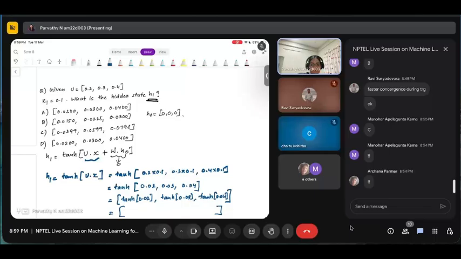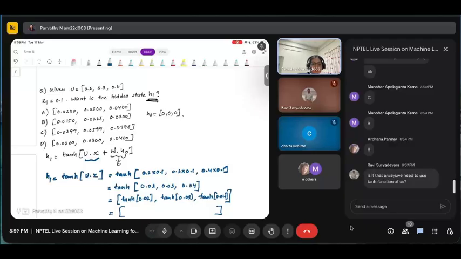Okay, so when we do this calculation, these values are very small, 0.02, 0.03, 0.04. So the answer is approximately 0.02, 0.03, 0.04.